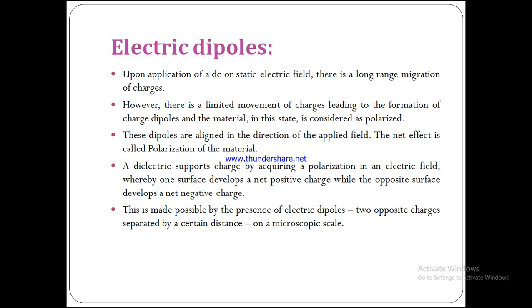Now when we apply an electrical field, either DC or static, to a capacitor, there is a long range migration of charges in the capacitor. In a dielectric material, the charges of the electrical field are transferred from one end to the other. During that migration, the limited movement of charges leads to the formation of charge dipoles. Now what is meant by charge dipoles?